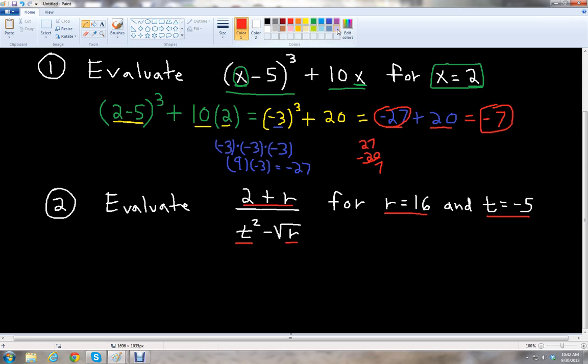Okay, so let's do that. So we have 2 plus r, and we know that's going to be 16, all over t.